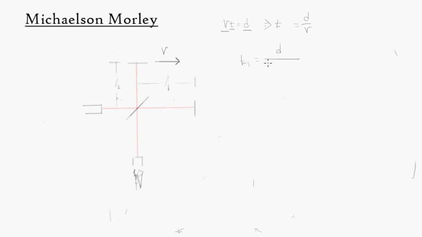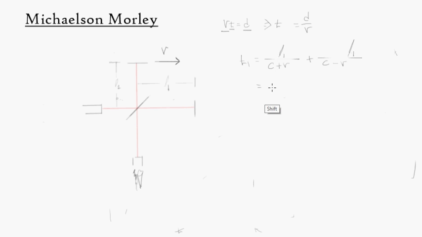Velocity going there is velocity of the light, c, plus v, because it's moving along with the ether. But then it has to travel back, and it travels the same distance, and in this case it's moving against the ether, so it's c minus that velocity v. Alright, so this should be L1 in the numerator here.